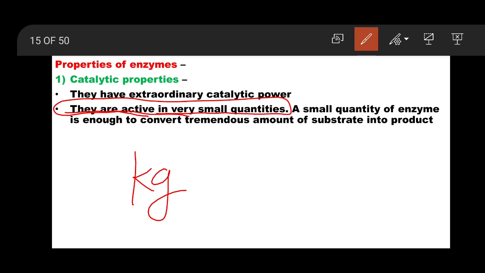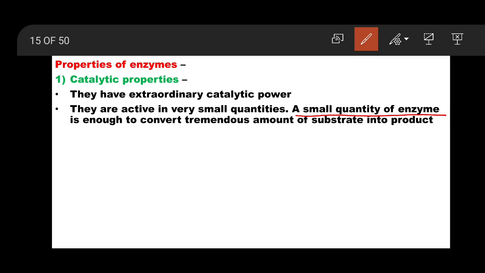We require only nanograms, milligrams. A very small quantity of enzyme is required to proceed a reaction at a faster rate. Remember this. A small quantity of enzyme is enough to convert a tremendous amount of substance into product.